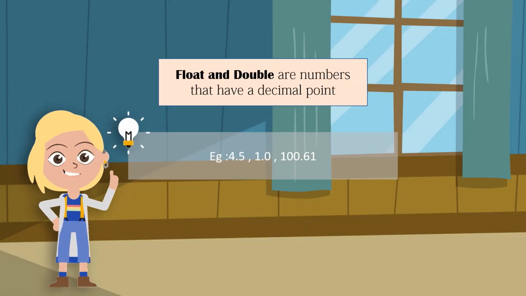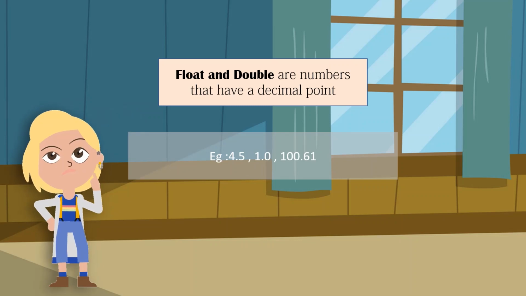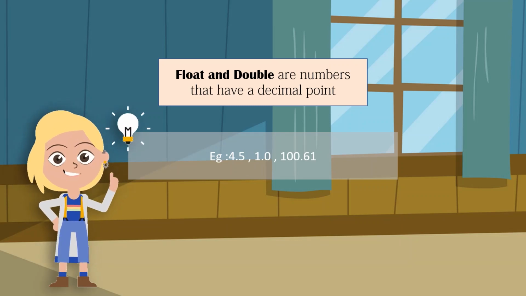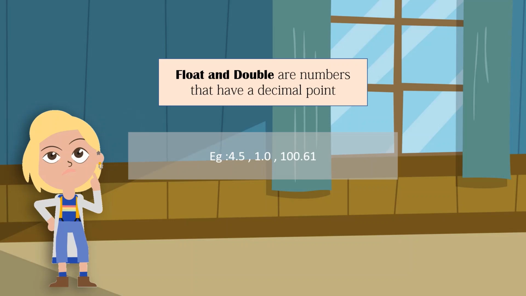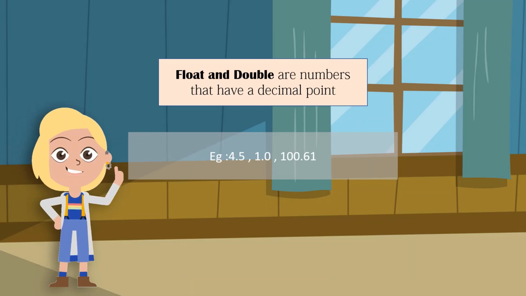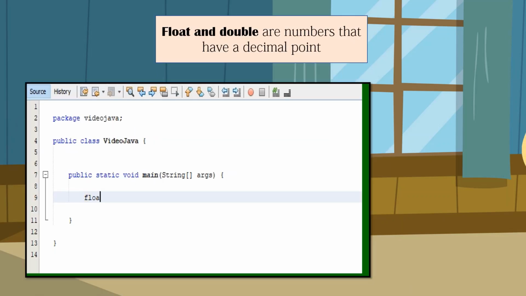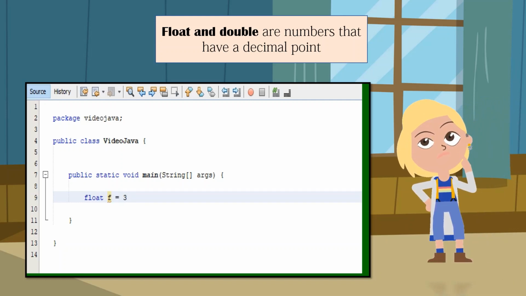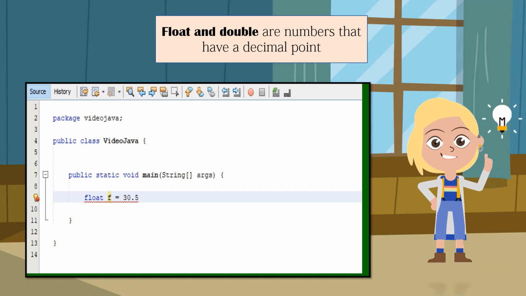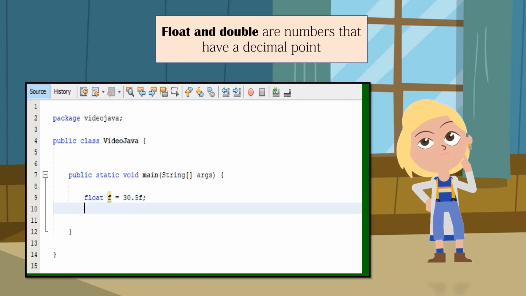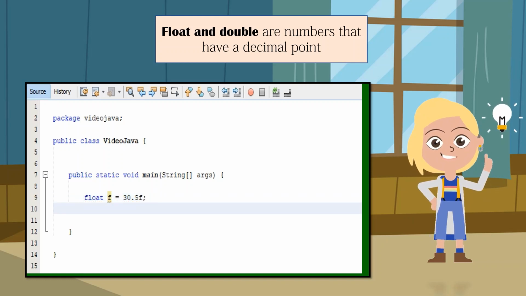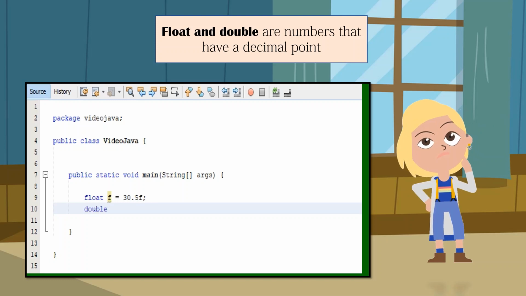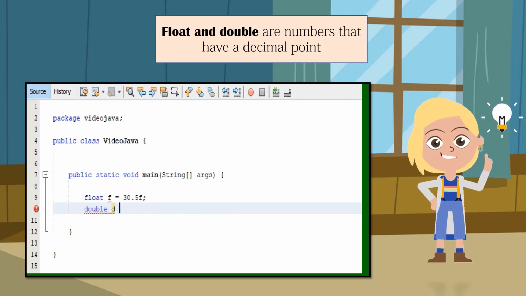Float and double are numbers that have a decimal point, just like 4.5, 1.0, and 100.61. Float F is 30.5. Similar with long, you need to end it with F. Double D is 20.5.